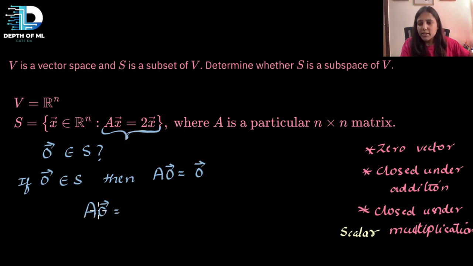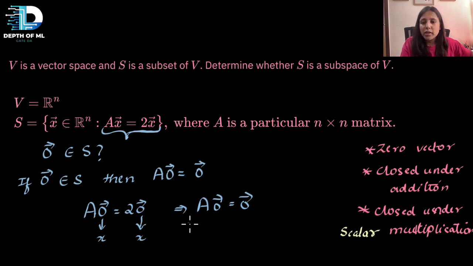So we write A0 equals 2 times 0. Here we are taking this as x. So we are basically setting the same form as has been given to us in the set. Now we know that if you multiply 2 with the zero vector, we'll always get the zero vector. So this gives you A0 is nothing but 0. And I had said that if the zero vector belongs to S, then this will be true. And because this is true, the zero vector indeed belongs to S, right? So this condition has been checked out.